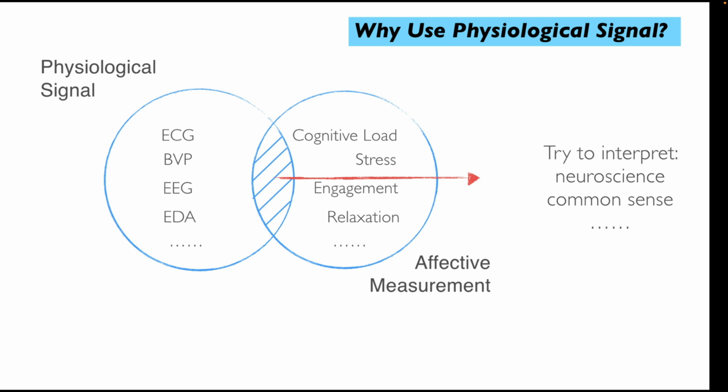Why do we use physiological signals if we are interested in the stress and the excitement? It's about the affective measurement of the audience members, because there is a non-trivial, but still there is an overlap between physiological signals, so the BVP and the EDA that we're using.